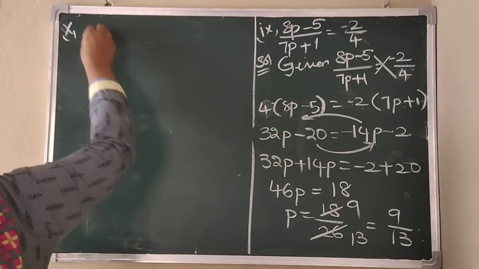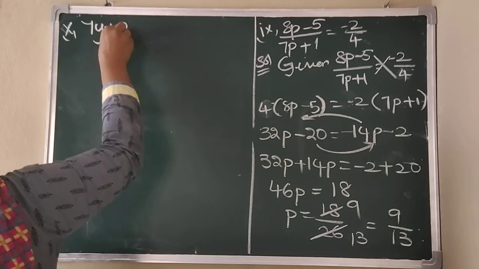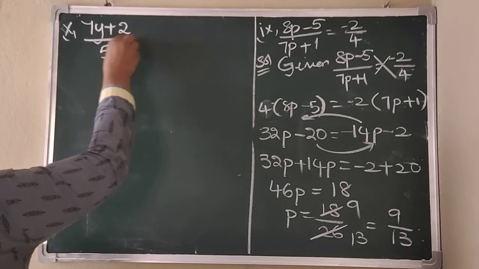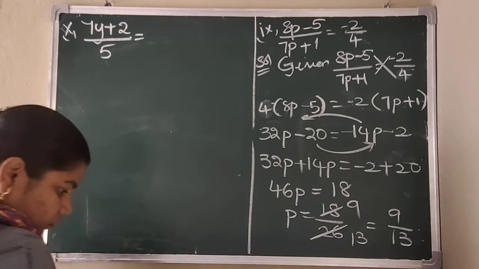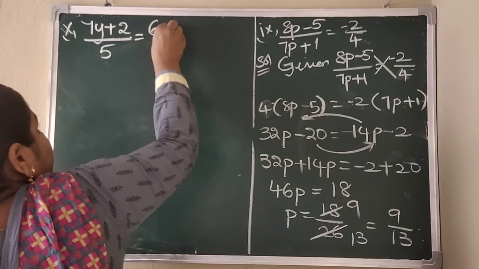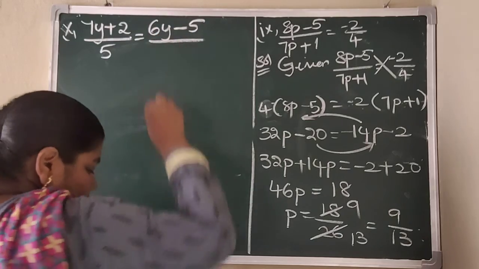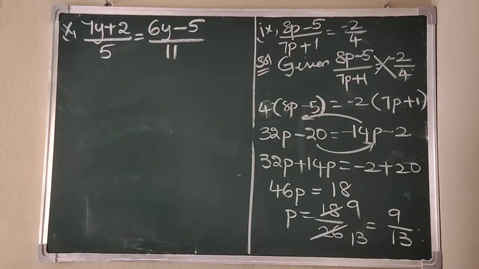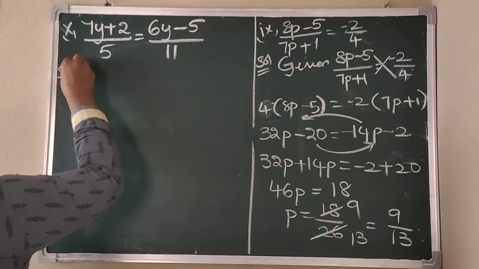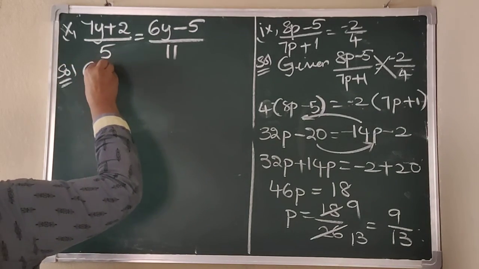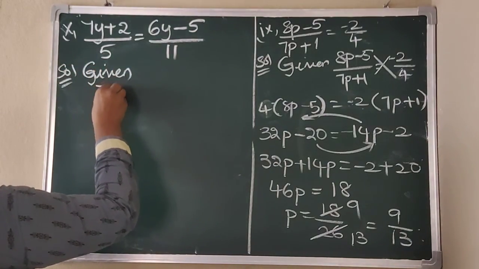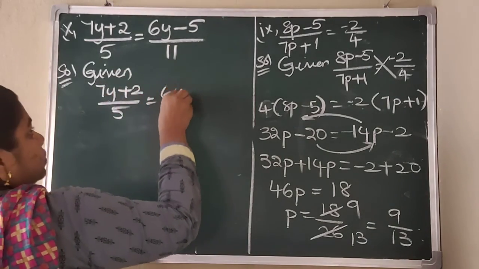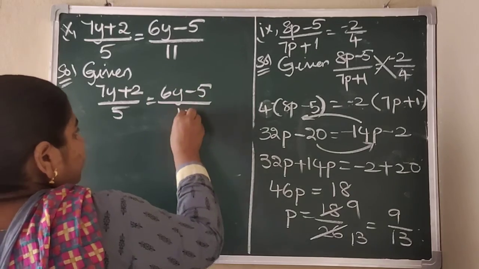Tenth one is (7y plus 2) by 5 is equal to (6y minus 5) by 11. So we have to find the y value here. Given (7y plus 2) by 5 is equal to (6y minus 5) by 11.